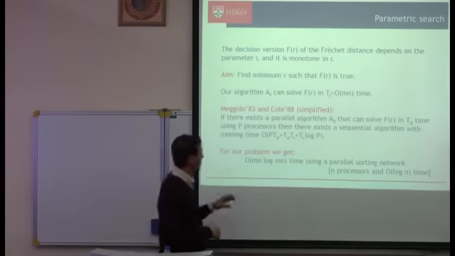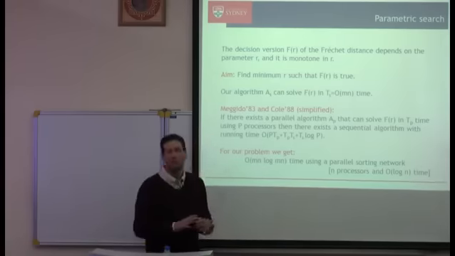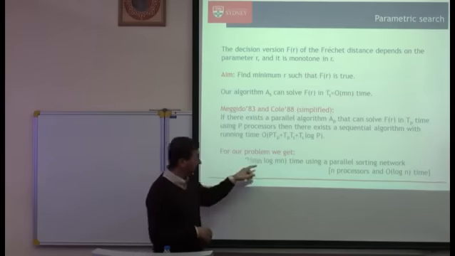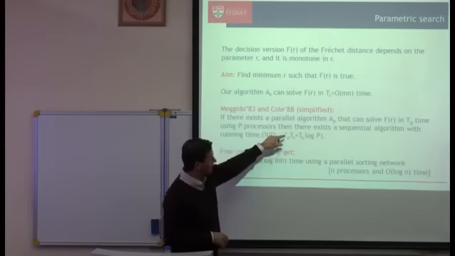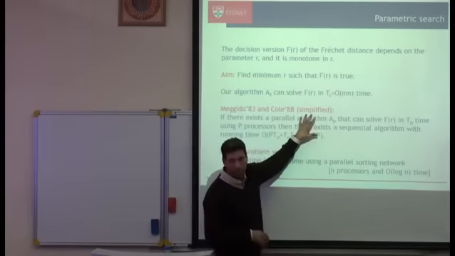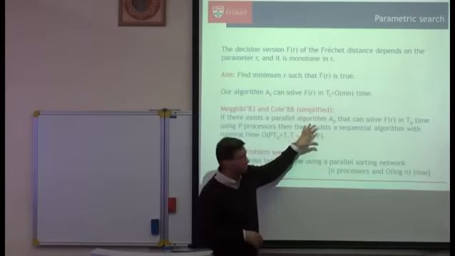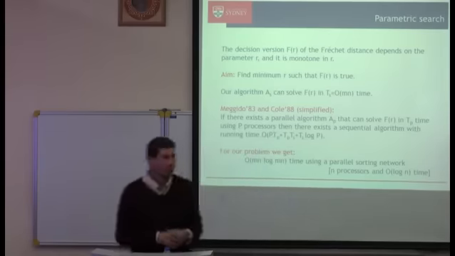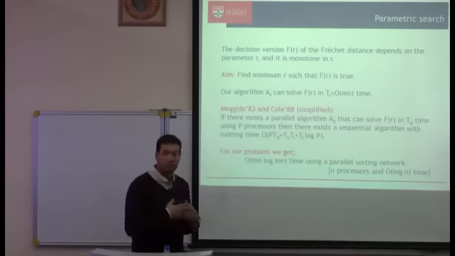Now, it's not very hard. Well, it's not trivial either. But what you can prove is that the parallel algorithm for this is equivalent to just sorting n numbers. So doing a parallel sorting network.